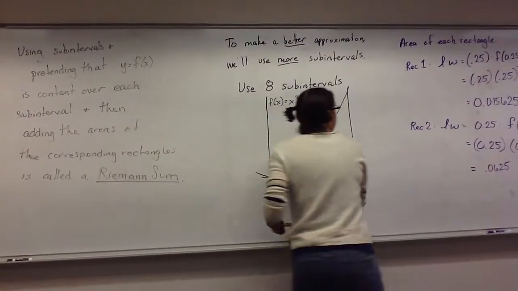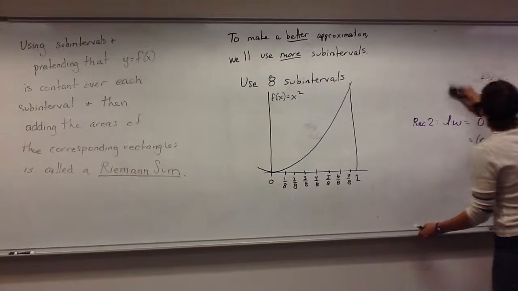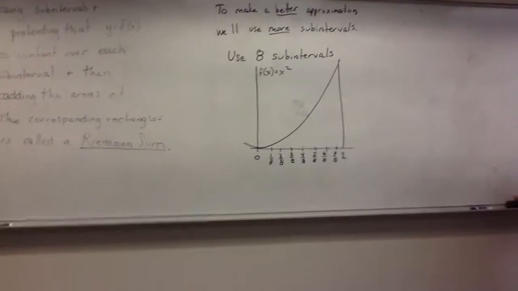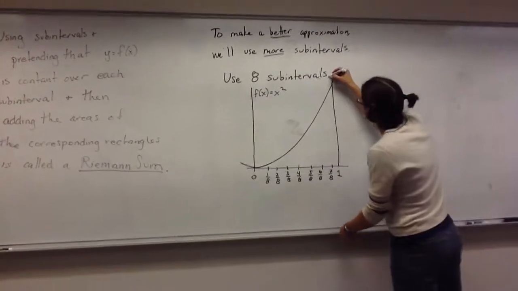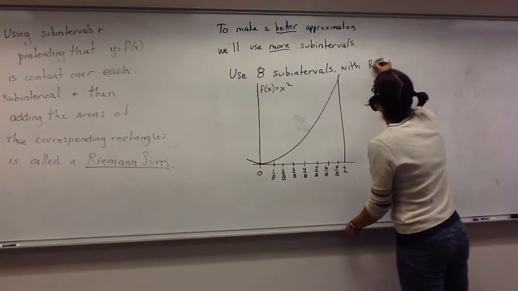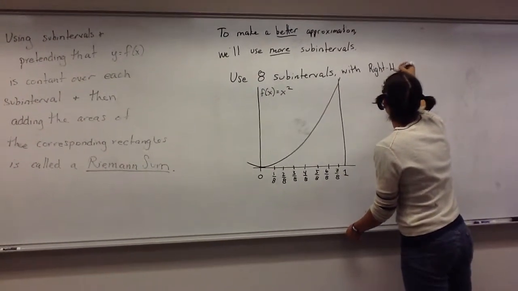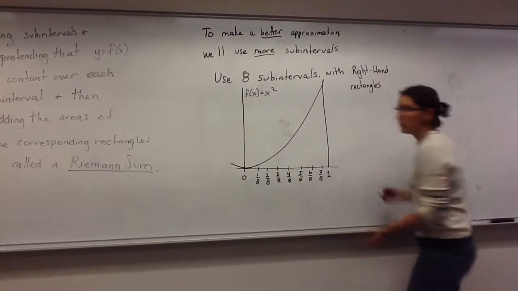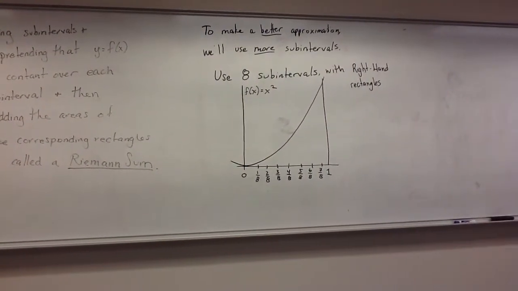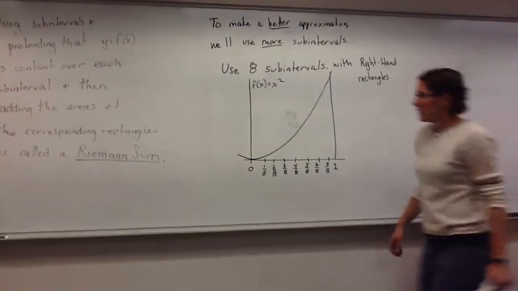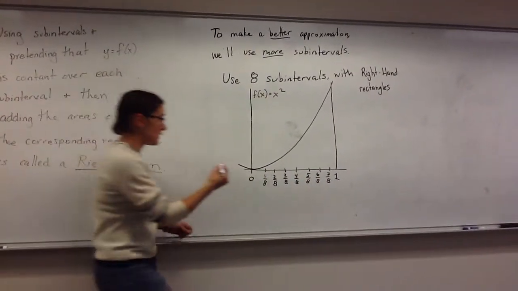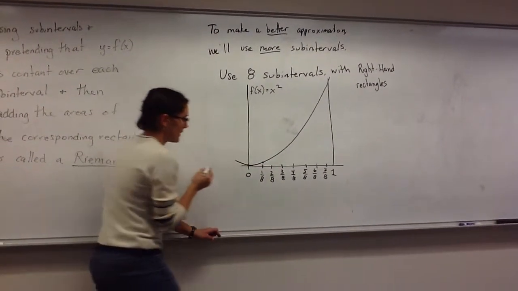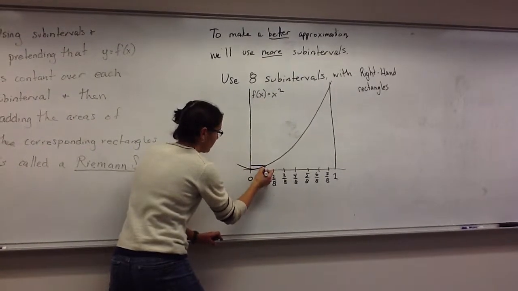And if I choose to use right-hand rectangles, rectangles where the right-hand corner is going to live on the function, so 8 subintervals with what are called right-hand rectangles, meaning that the right-hand corner is touching the function. Then my picture is going to look something like this. My first rectangle will touch the function above x equals 1/8 and be drawn across.